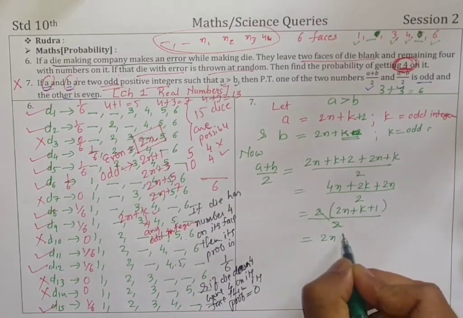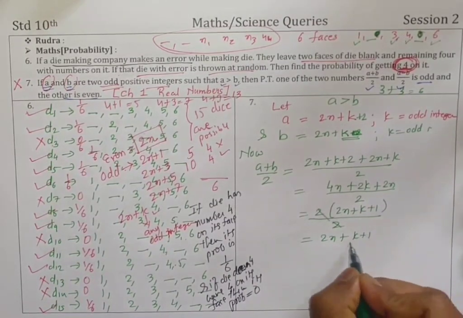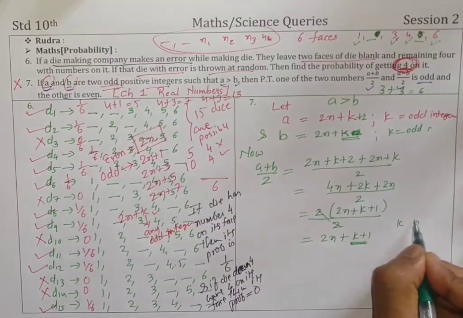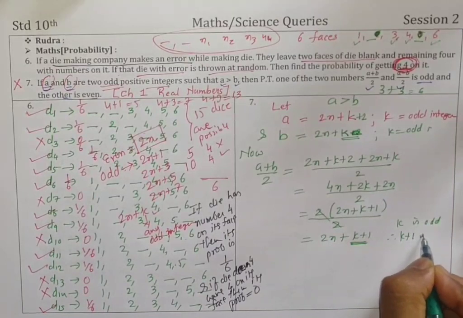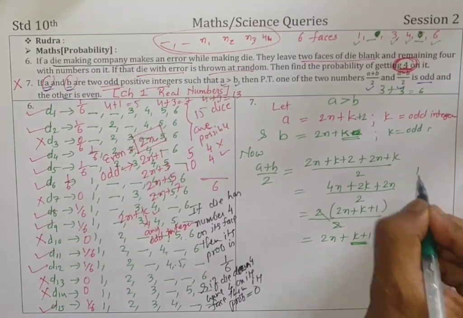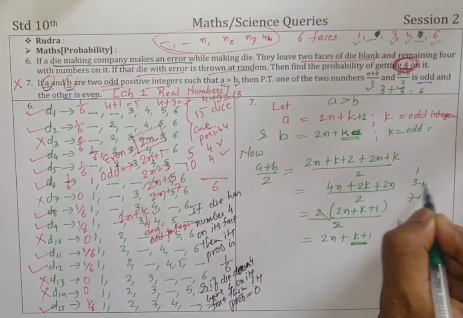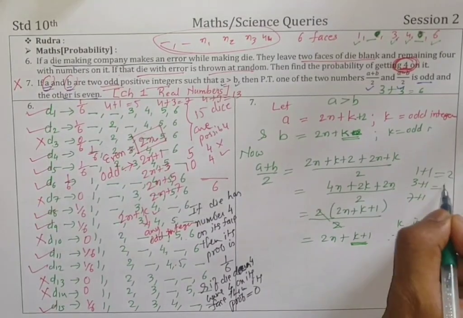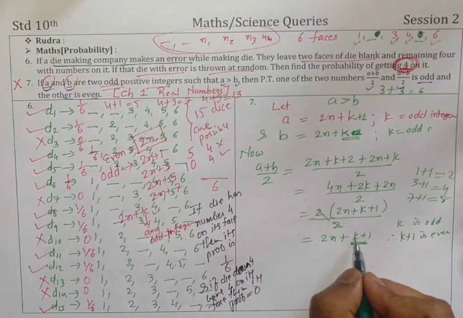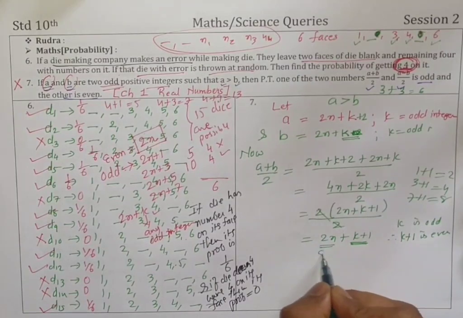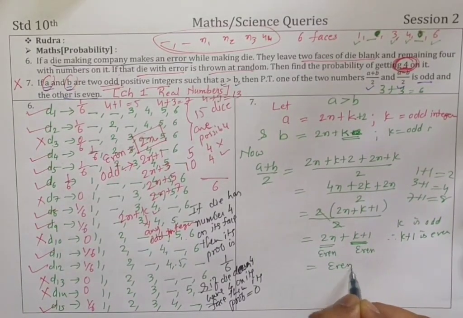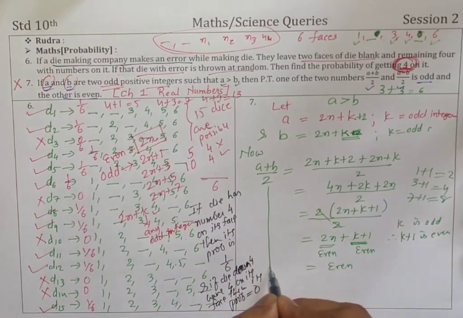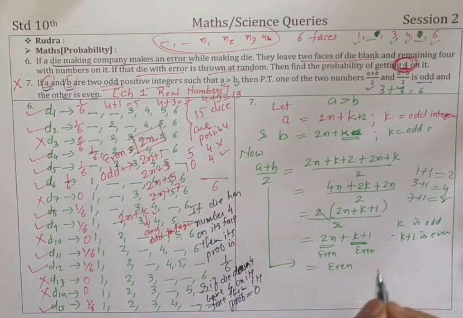So that is 2n plus k plus 1. Now k is odd. Therefore k plus 1 is even. Isn't it? Any odd number, if you add 1, it becomes even. See. So k plus 1 is even, and this is already an even number. And adding even to even, that is even. Correct? So A plus B by 2 is even.